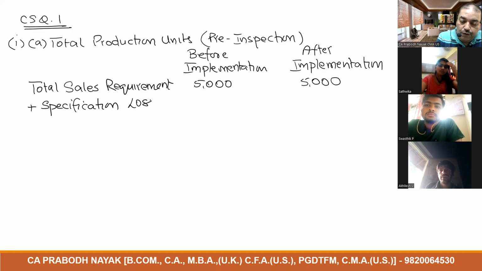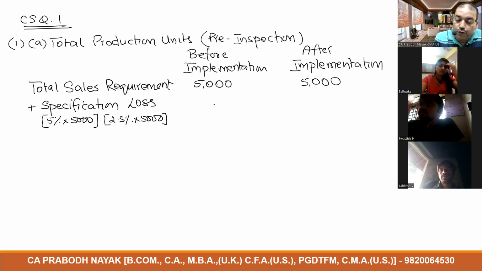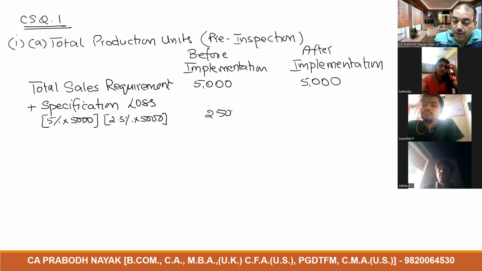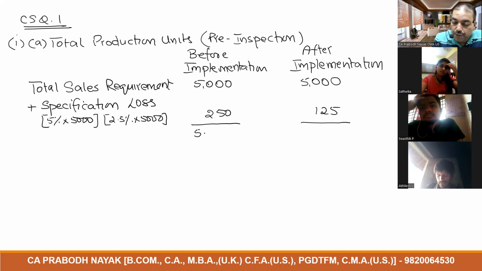So 5% of 5,000, and after that it is going to be 2.5% of 5,000. 5% of 5,000 comes to 250. 2.5% comes to 125. So how many units are produced for sale? 5,250 before, 5,125 after.